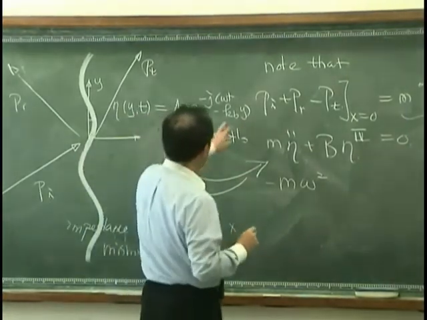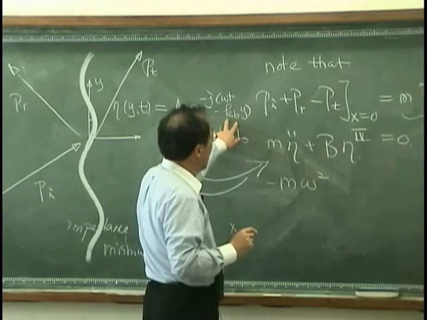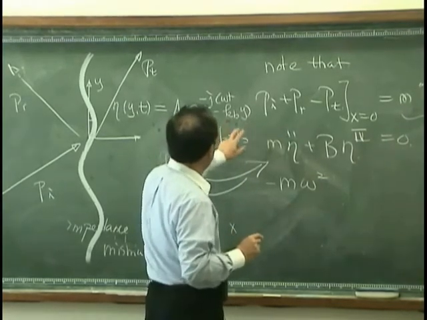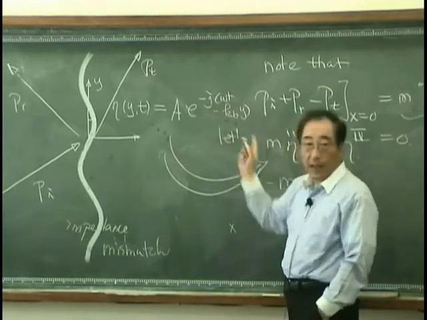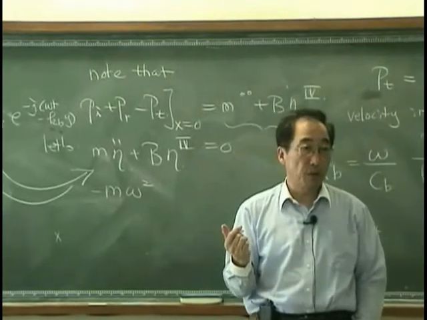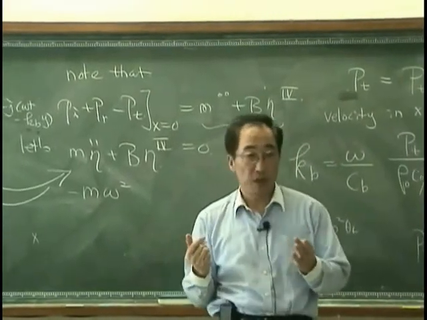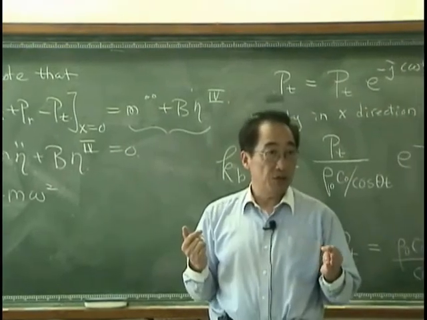And then I will take the derivative with respect to y four times. I have plus jkB. Take one derivative with respect to y, I have jkB. One more, minus kB squared.